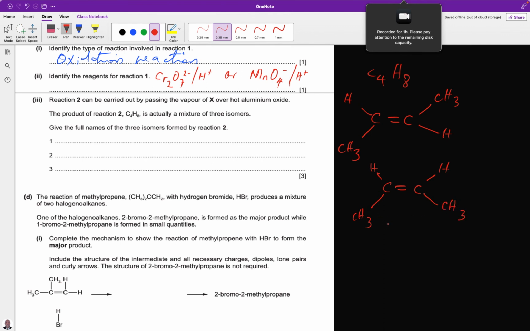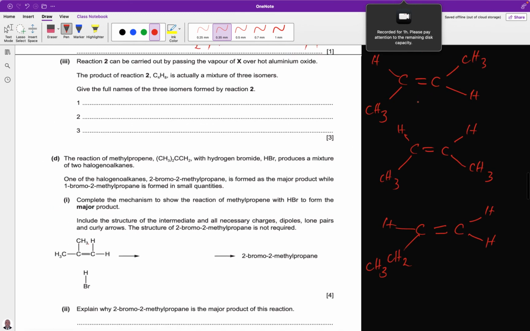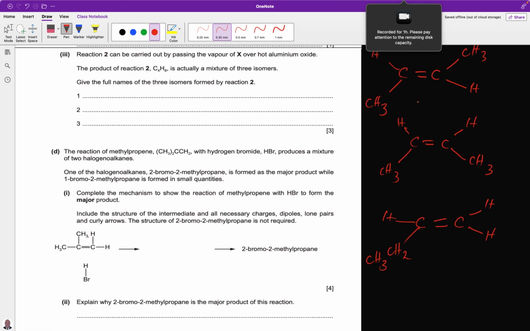We'll have a cis isomer, and in this other case, we can have a structure like this. We can have a structure like this.